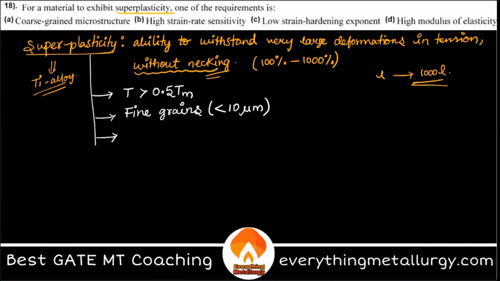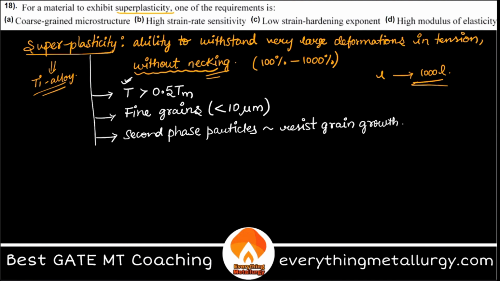So to suppress that, we add some second phase particles, like dispersoids, which can sustain this particular temperature. So second phase particles will resist the grain growth. Again, if grain growth is there, your condition will not be fulfilled.